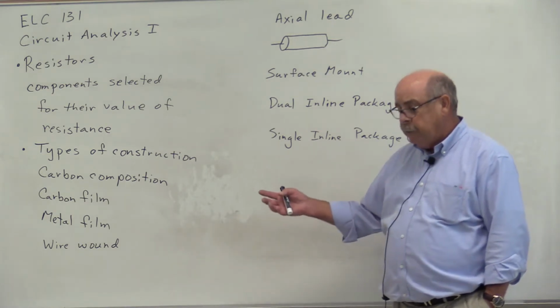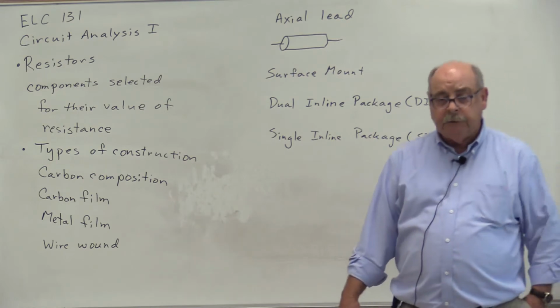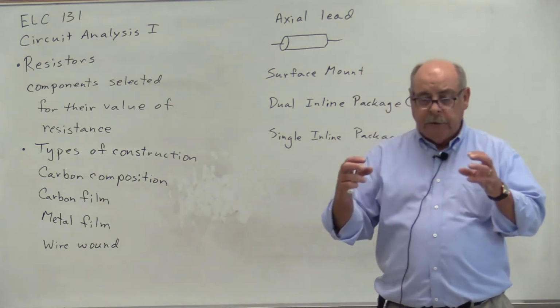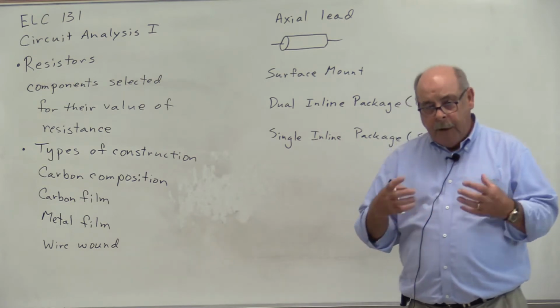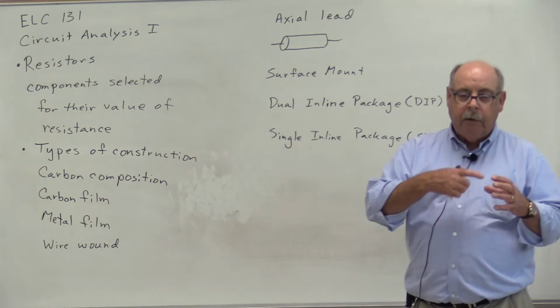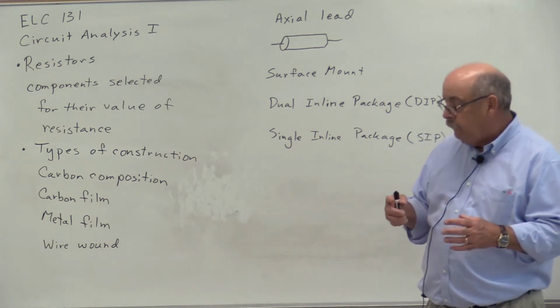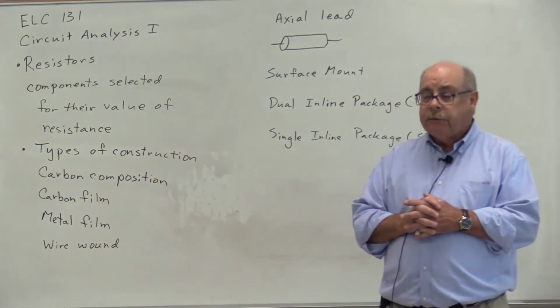Metal film resistor is constructed similar to the carbon film resistor in that you have a ceramic cylinder. It's coated with a layer of metal, and then part of that metal is cut away or etched away with a laser to give the component its desired value of resistance.